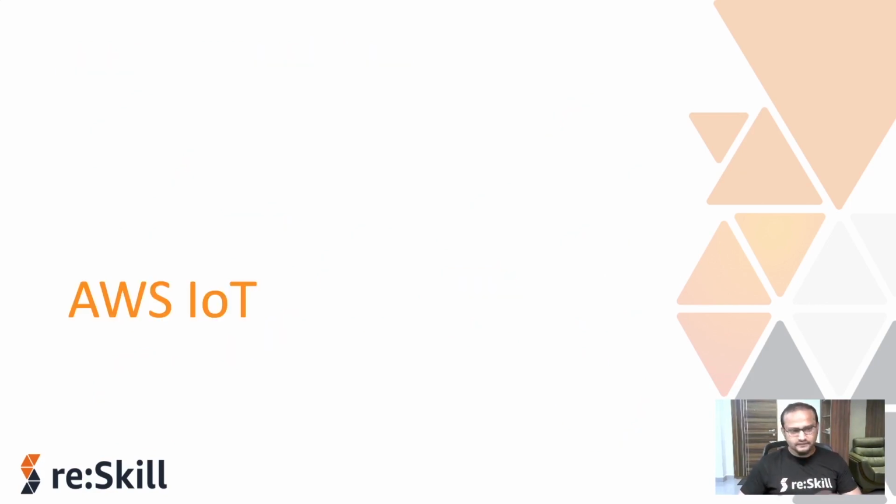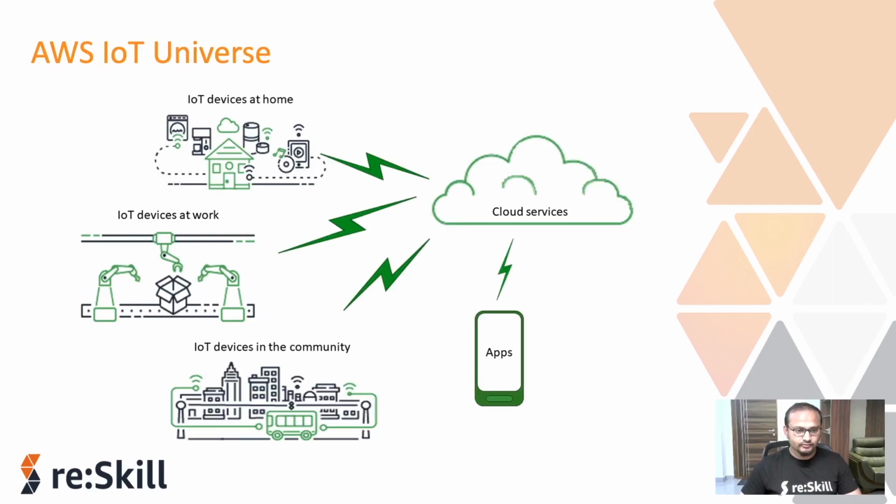Okay, now let's dive into what AWS offers for the Internet of Things domain. AWS has this concept of IoT universe, which means it has developed several services, and then it has made sure that these services are relevant for IoT devices at home, at work, in the community.